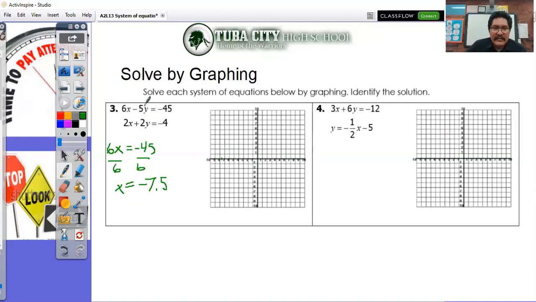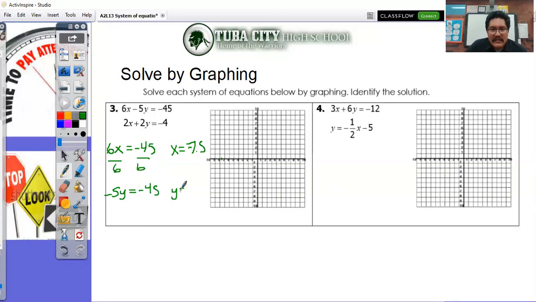So x equals -7.5, which is about right there. And now I need to do the same with the x. So x will now be equal to 0. I'm going to erase it and move it over here. So x is equal to 0. So 6 times 0 is 0, so that zeroes out. And that leaves me with only -5y equals -45.